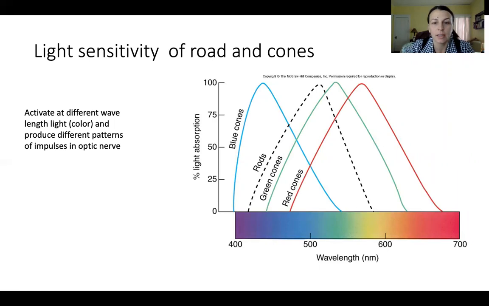Here we can see that there are blue, green, and red cones that are going to be responsible for the various wavelengths. If the wavelength is around 400 nanometers, blue cones are going to pick it up, interpret it, and see it, versus if it's closer to 450 here, we get that green. And then the red cones are going to follow this red wavelength between the 500 and 700 range.